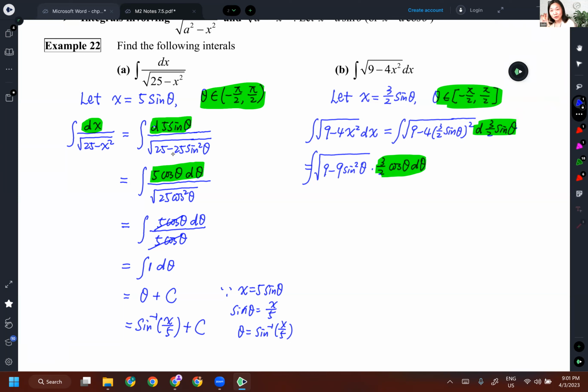Like in the past, do you notice that this didn't happen before? I never had to differentiate this here. Now you have to. This is a substitution. And then simplify.